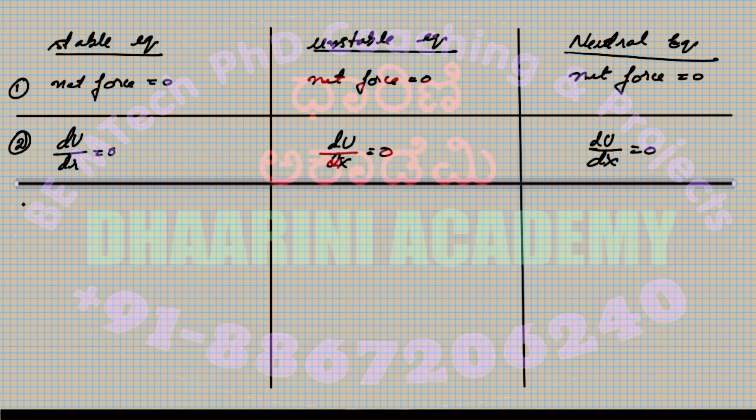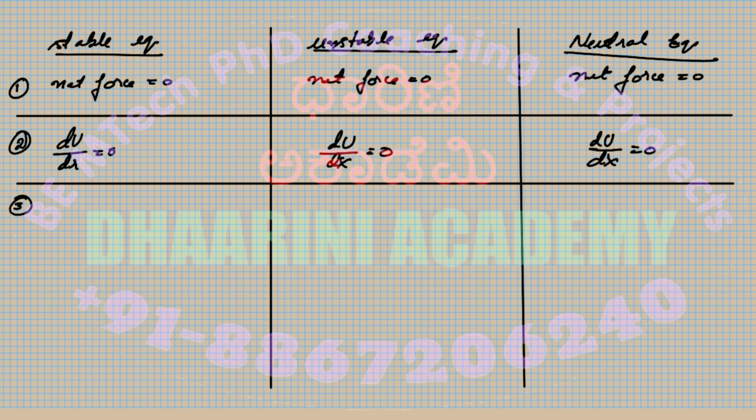Let's move further. So point number 3: now let's talk about the stable equilibrium. When displaced from the equilibrium position, let's say I slightly disturb the equilibrium condition. The system is in stable equilibrium, I slightly push the outer surface.